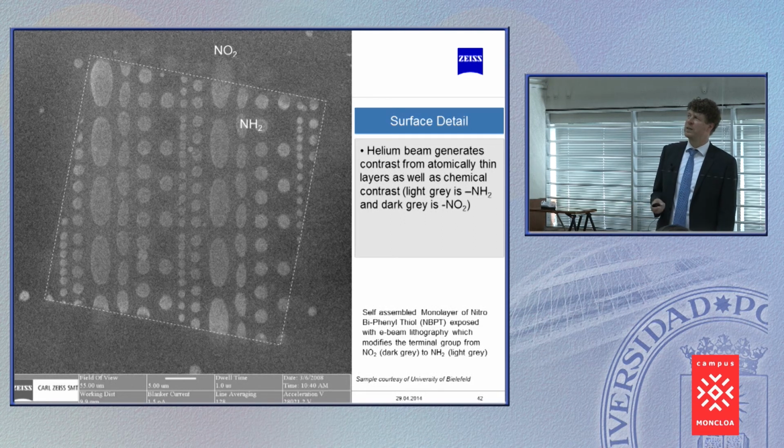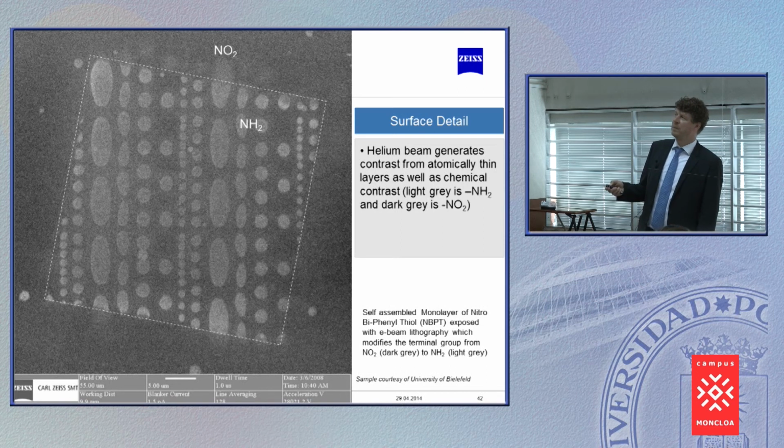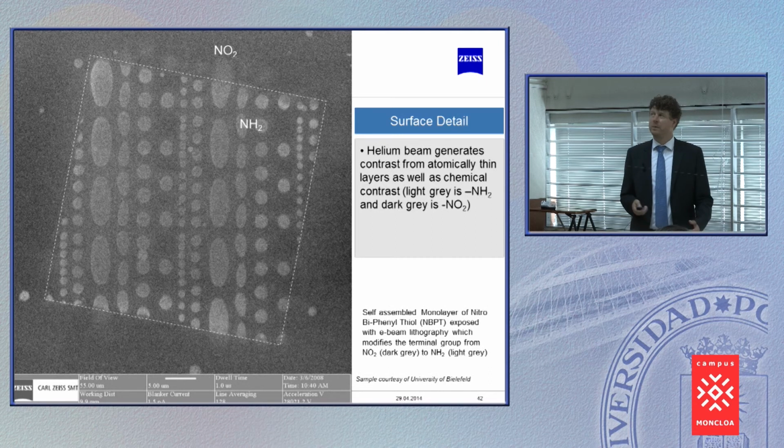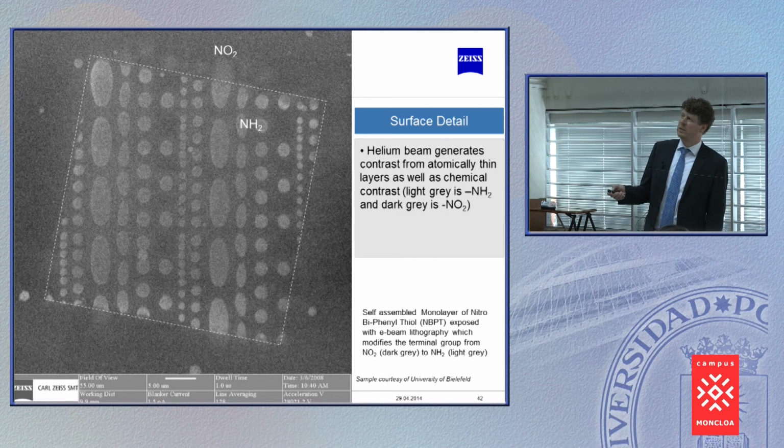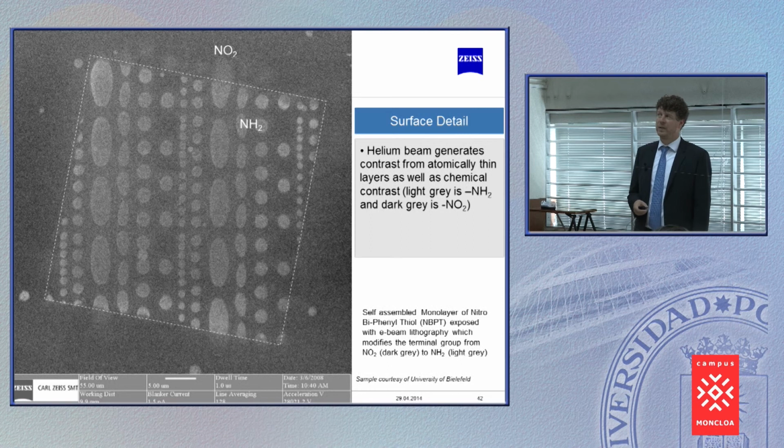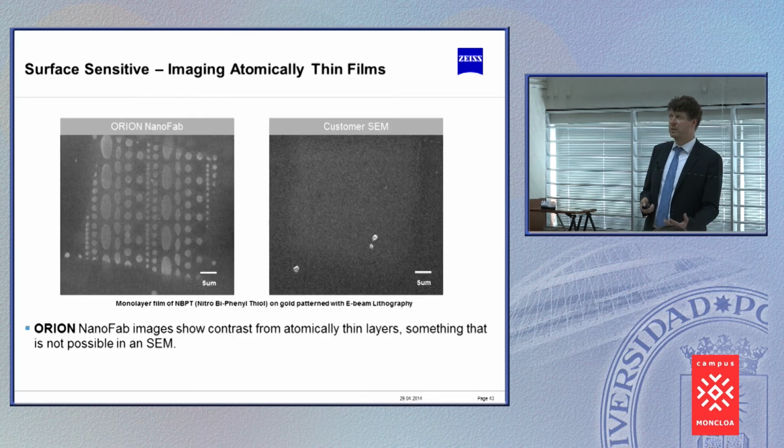Because of this exposure, the chemical formula is changed from NO2 to NH2, and you can make this change of the chemical formula visible inside the helium ion microscope because of the different work functions of the material. In comparison, with an SEM you see nothing.